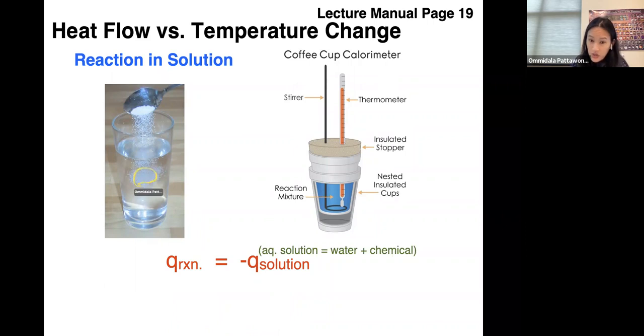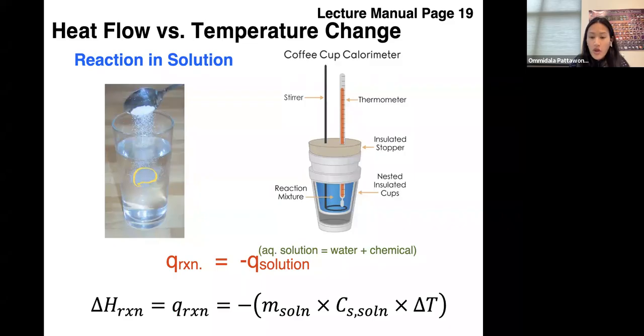So when you are using this equation right here, you need to make sure that everything belongs to the solution. The solution is not just the chemical, and it's not just water, it is both water and the chemicals. So the mass has to be the mass of water and chemicals, and the specific heat would be of that particular solution that combines those two together.